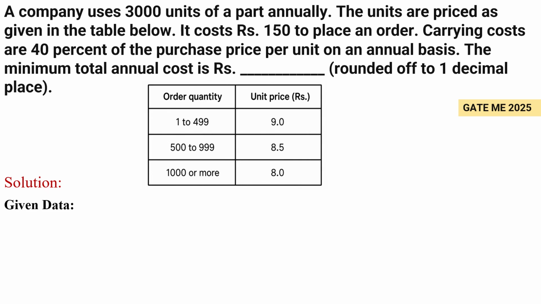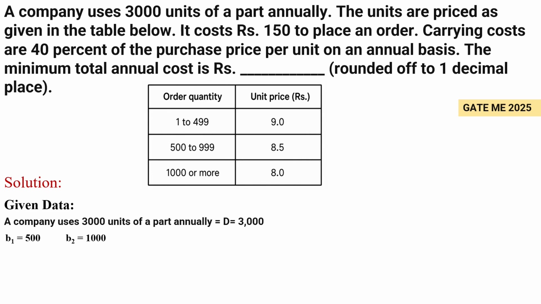First write down the given data. Here the company uses 3000 units of a part annually, so annual demand D equals 3000. In the table the unit price is given for different quantities. For quantity 1 to 499, it is 9 rupees.